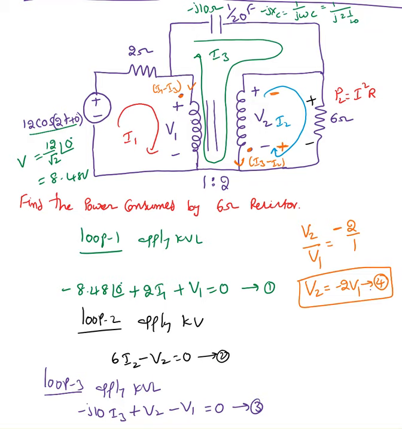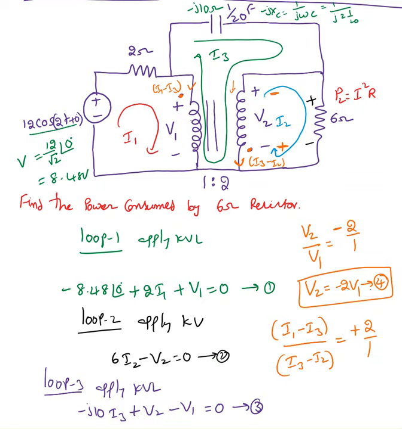I can clearly see I3 is coming down and I2 is going up, so I3 minus I2 is going down. So this I3 minus I2 is going out of the positive terminal. For that, we don't need to write negative. So I1 minus I3 over I3 minus I2 equal to 2 over 1. This is positive.